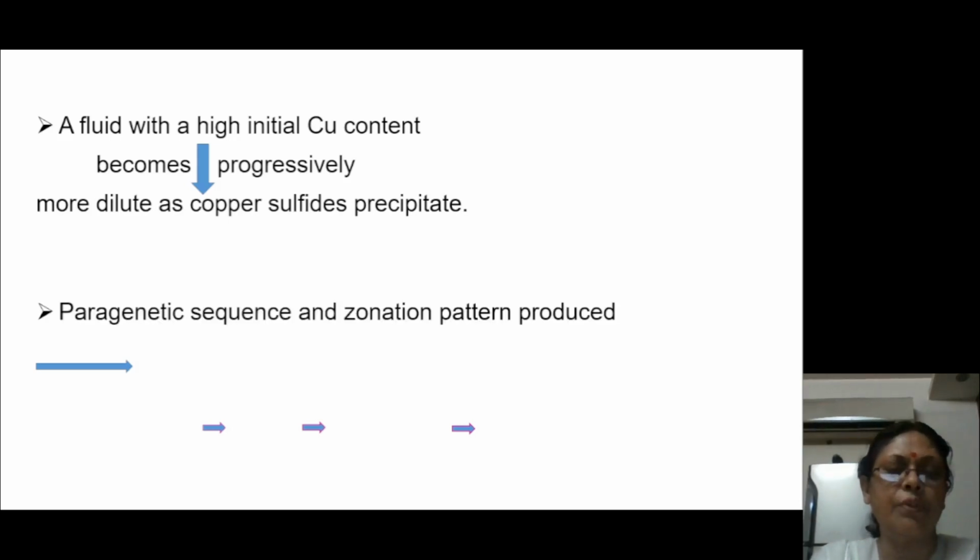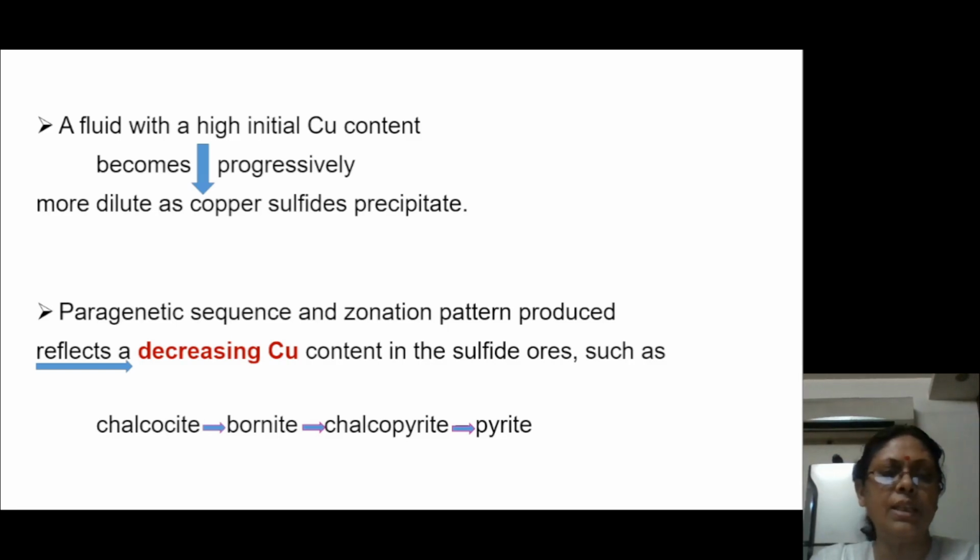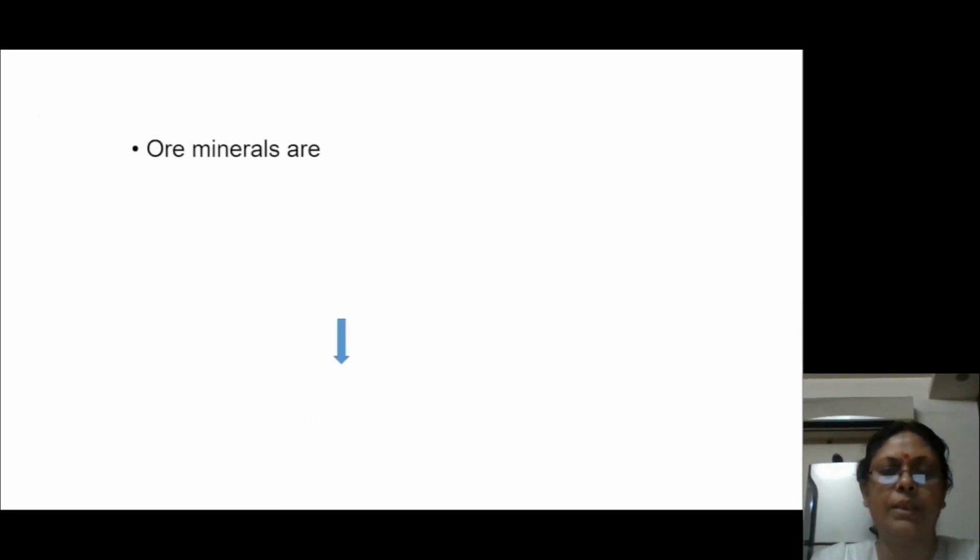Paragenetic sequence, that is the sequence of mineral formation and zonation pattern produced, reflects a decreasing copper content in the sulfide ores such as chalcocite followed by bornite, chalcopyrite and pyrite. So chalcocite has the highest copper content, pyrite doesn't have any copper.